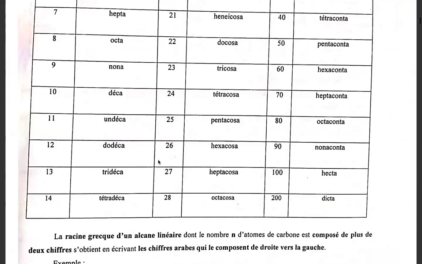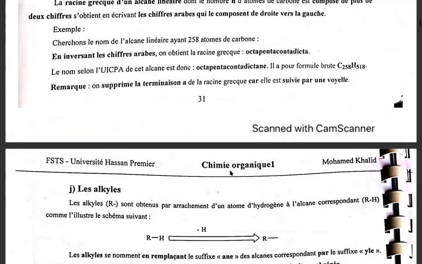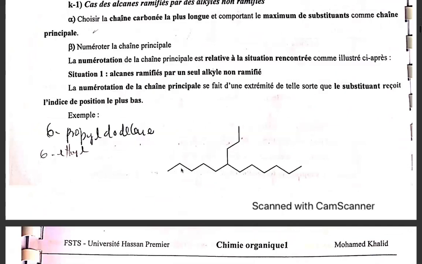It can either be a dodecene, dodecyl, or alcohol; it depends. In this case, we just know that the prefix for 12 carbon atoms is dodec-, so this is a chain that contains 12 carbon atoms.